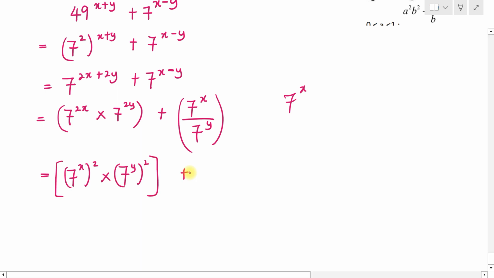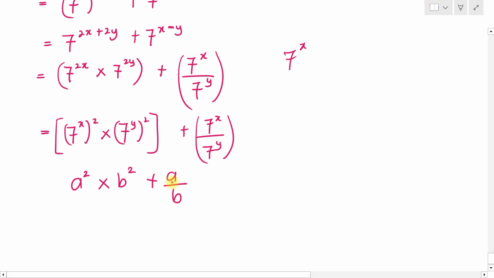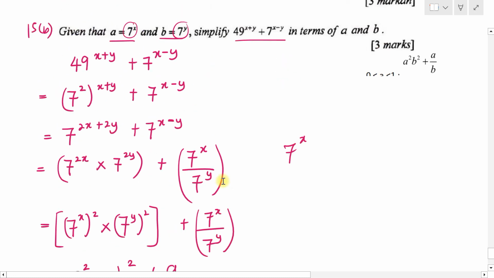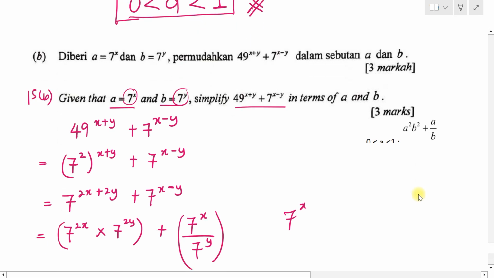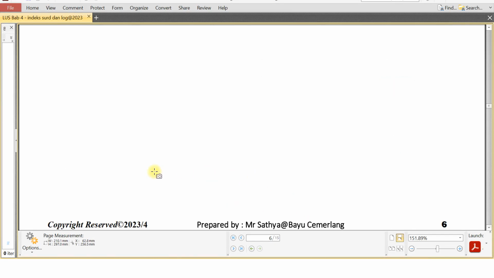Okay. So now I get everything in 7 power x and 7 power y. Now just substitute. 7 power x is A, and then squared, times 7 power y is B, and then squared, plus 7 to x is A over B. So A squared B squared plus A over B. There. That is the answer. Quite easy, yeah? Okay, next one.